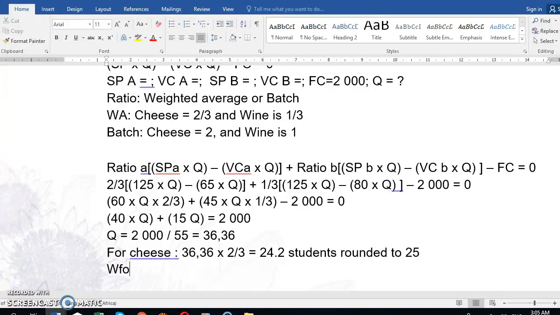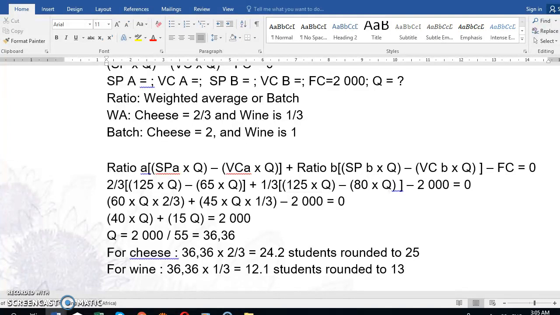For the wine tour, you take 36.36 times the 1/3 ratio, which gives you 12.1 students, rounded to 13 effectively.